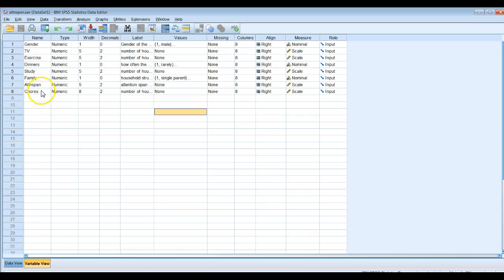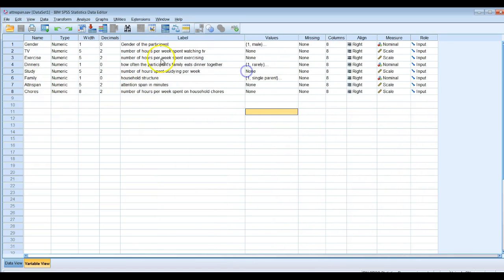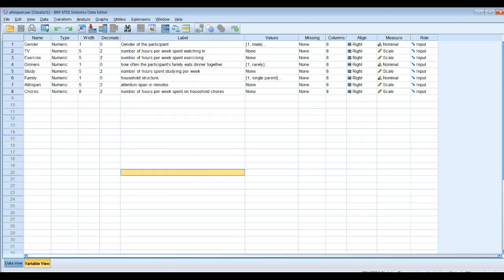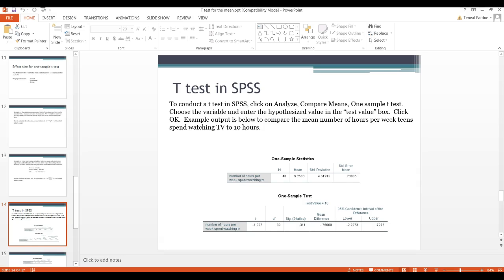We've got variables here having to do with attention span, the amount of time people spend, this is all for teenagers, on household chores in a week, how much time they spend watching TV per week, exercising per week, and then we've got some other variables. So if here I wanted to test whether the mean number of hours per week differs from 10 hours.